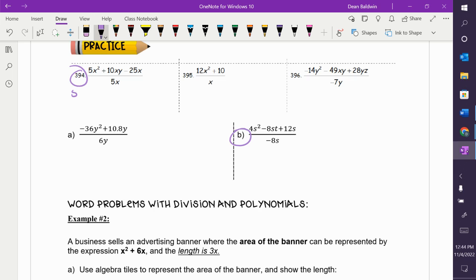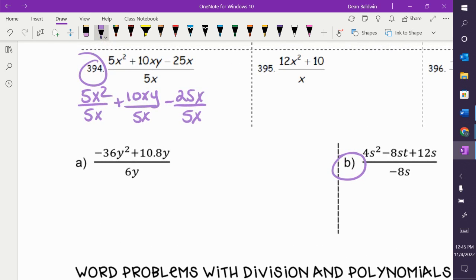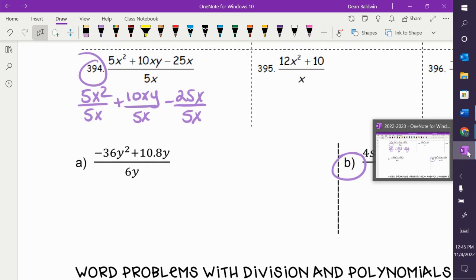So 5x squared over 5x, 10xy over 5x, 25x over 5x. That is your first step every single time you're dividing.